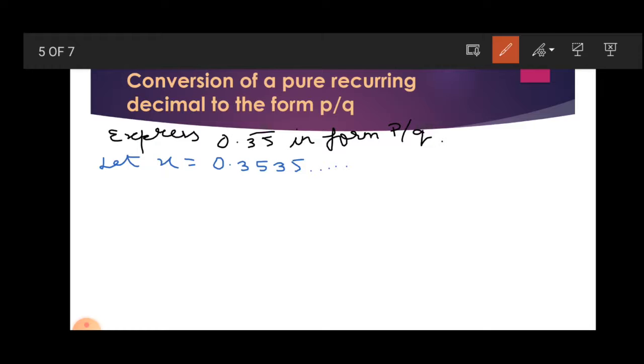Now here we have two digits which are repeating after the decimal point, so we multiply both sides of this equation 1 by 100, as there are two repeating digits after the decimal point.